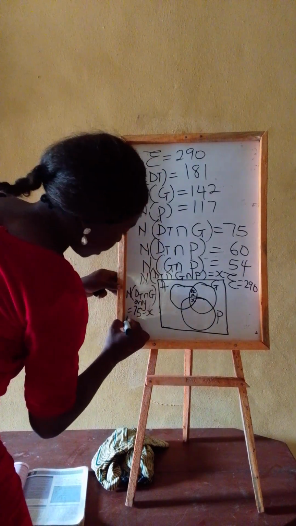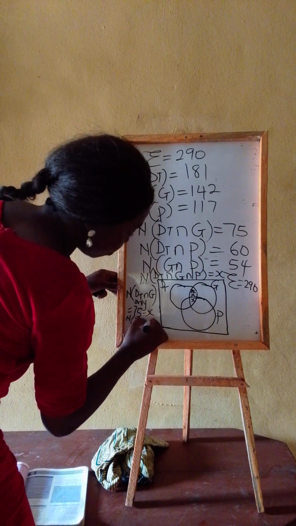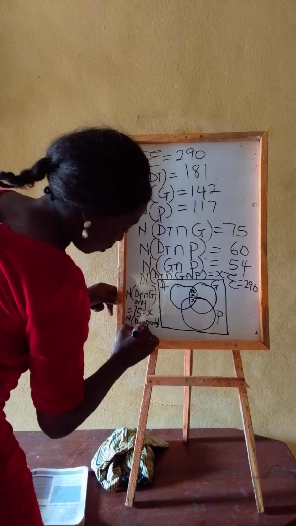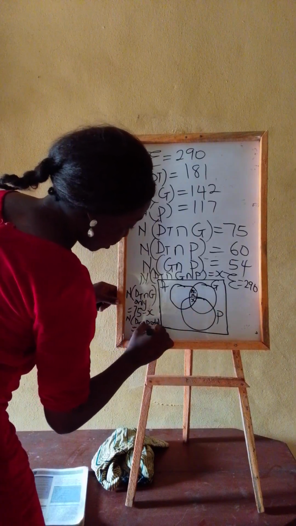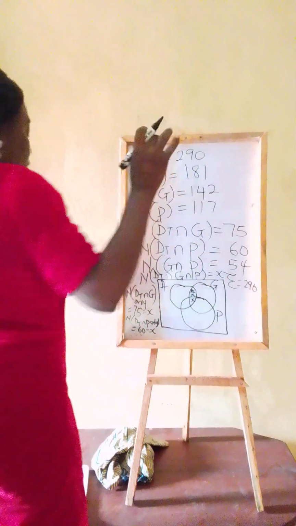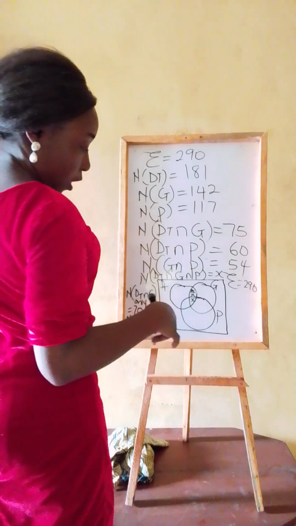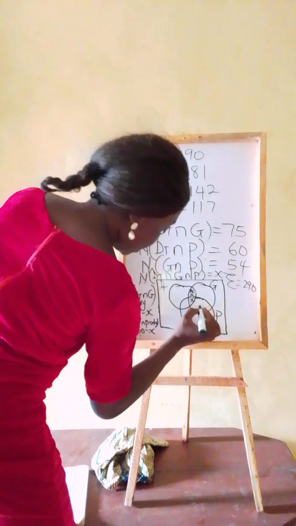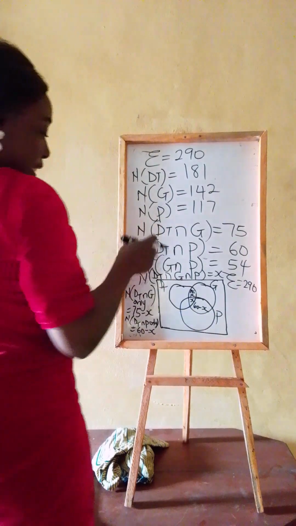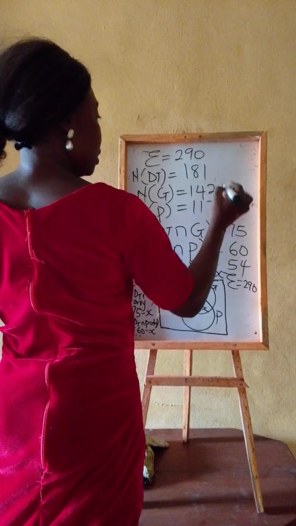The same thing, you calculate the number of DT intersects P only. That's going to give us 60 minus x, because this x is part of each of it, so you need to subtract from them. Then the third one, the same thing.